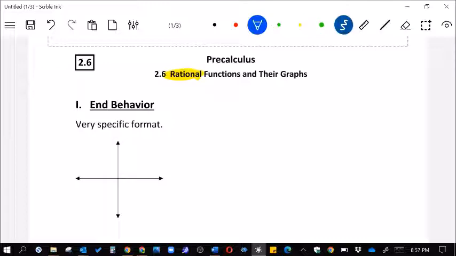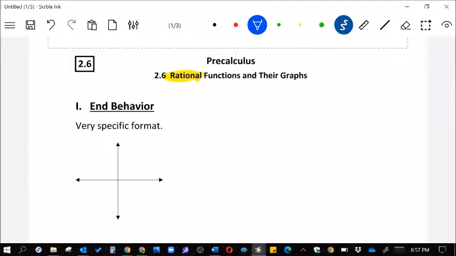So the way that you're going to write end behavior, well, actually, let's do a graph here. I'm going to do an asymptote here, where x is equal to 3. And I'm going to have the graph go as it's loath to do so, like so.